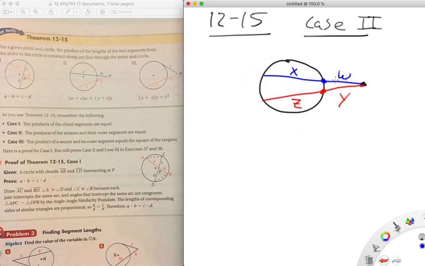W is on the outside of the circle. X is on the inside of the circle.